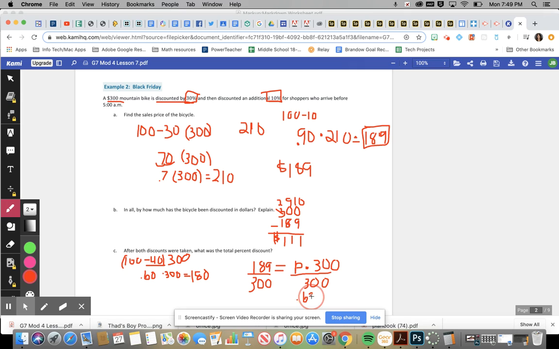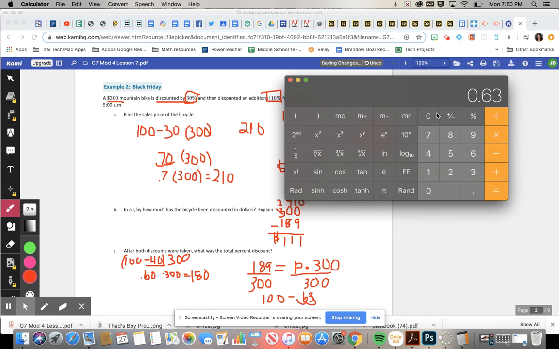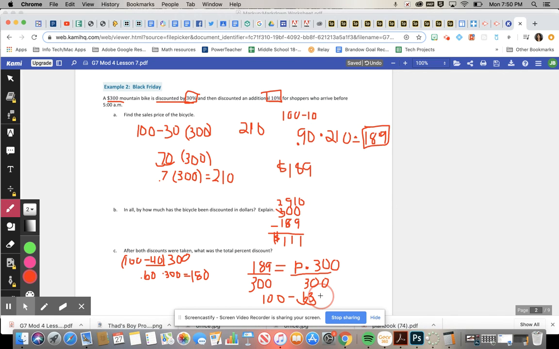And I'm going to take the original percentage, 100, minus the 63%. That gives me 37, which is the actual percent that's off.